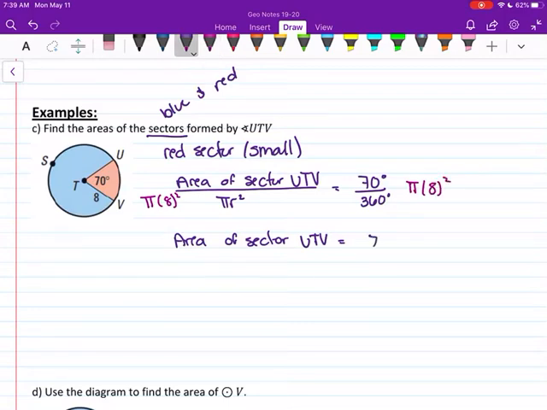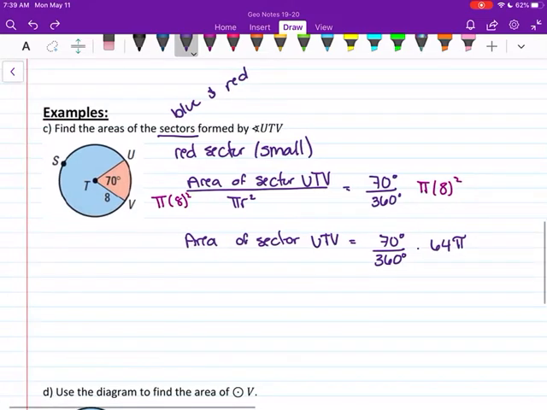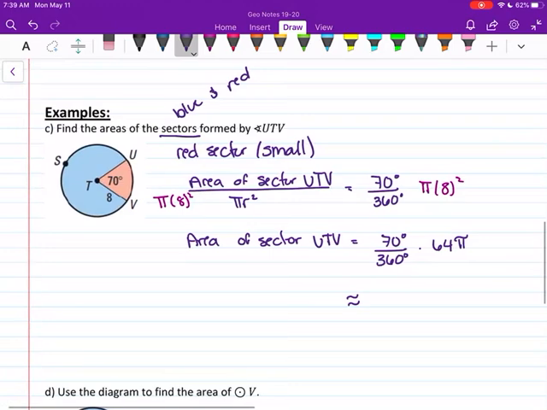So now I get 70 degrees divided by 360 degrees times 64 pi. Okay, and I just plug that whole piece into my calculator all at once. And I get that the area of my sector is approximately 39.10. And then my units here, well, they don't give me units, so it's units squared.